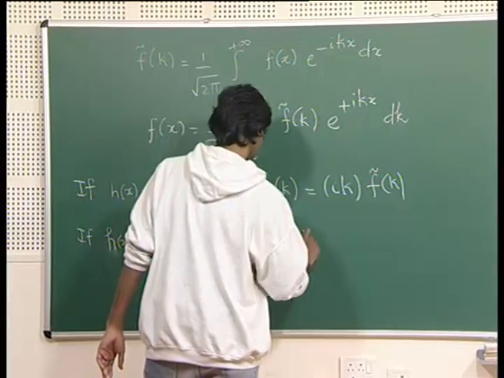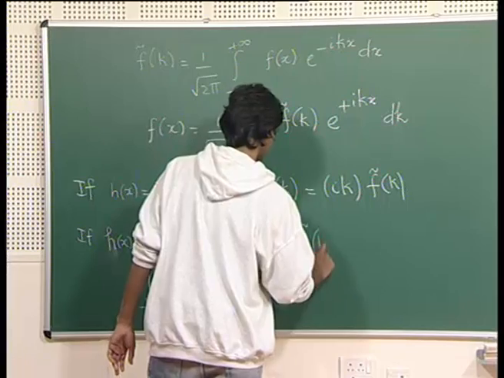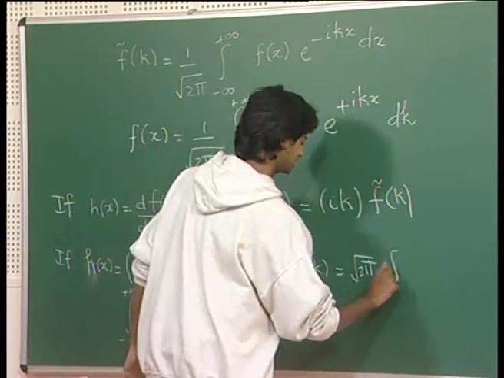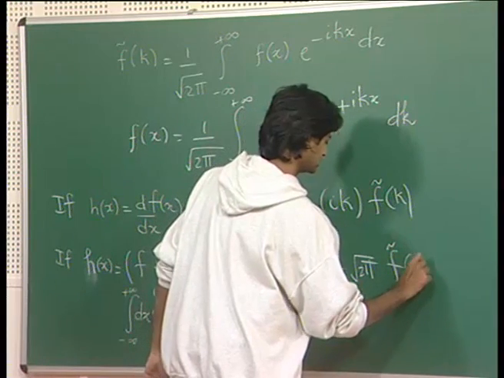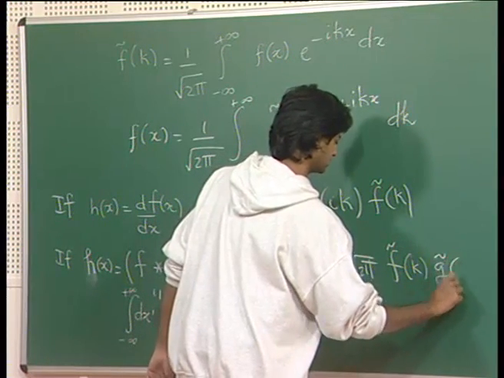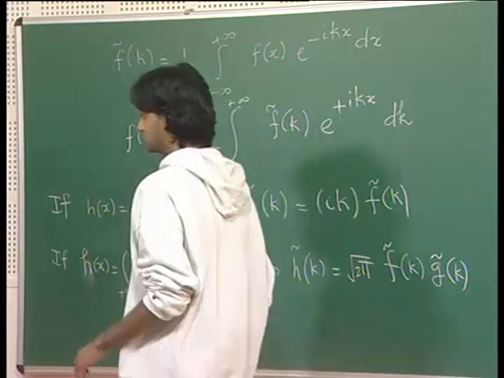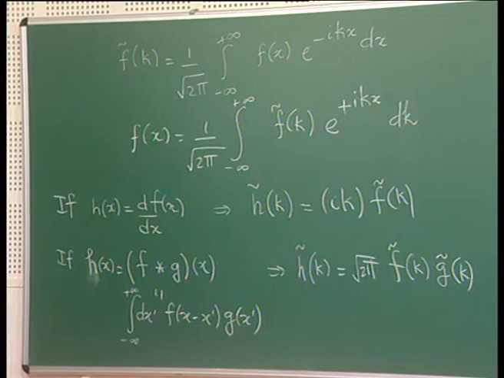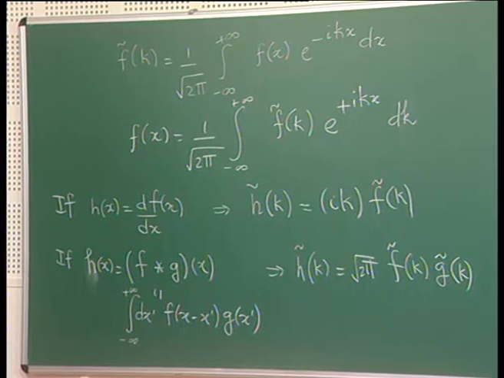Then h tilde of k is equal to square root of 2 pi times f tilde of k g tilde of k. And this is called the convolution theorem.